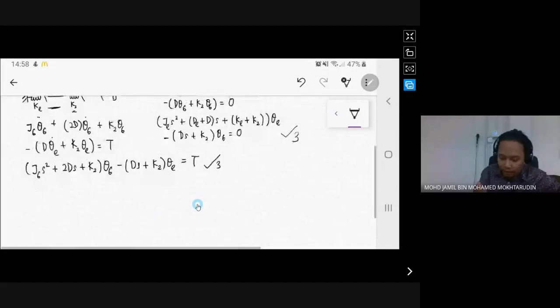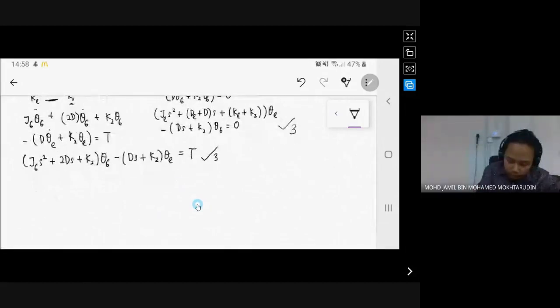So meaning that you need to calculate theta 6. So theta 6 equals the determinant of JE s squared plus DE plus DS plus KE plus K2, minus DS plus K2.